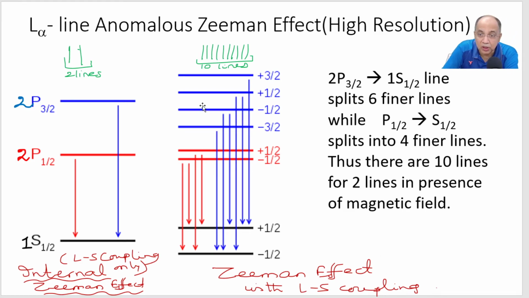And from minus 3/2 to plus half, again a difference of 2. So the transition minus 3/2 plus half, and plus 3/2 minus half, are not shown. The 2 are discarded, 6 are allowed, 6 lines.